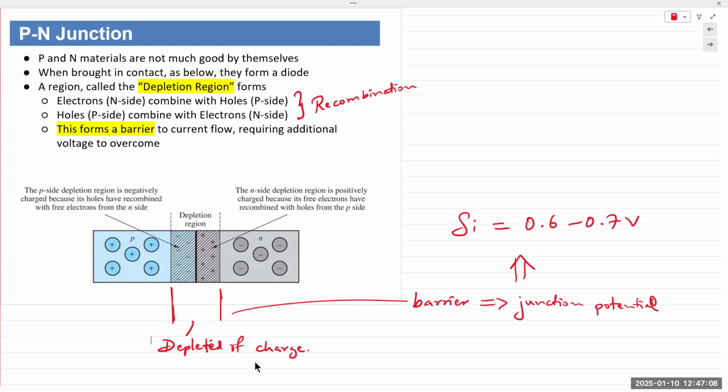The holes and electrons are free to cross over from both sides, and free conduction of electricity takes place. For germanium diodes, it is about 0.2 or 0.3 volts. This is the voltage that is required to overcome that barrier.